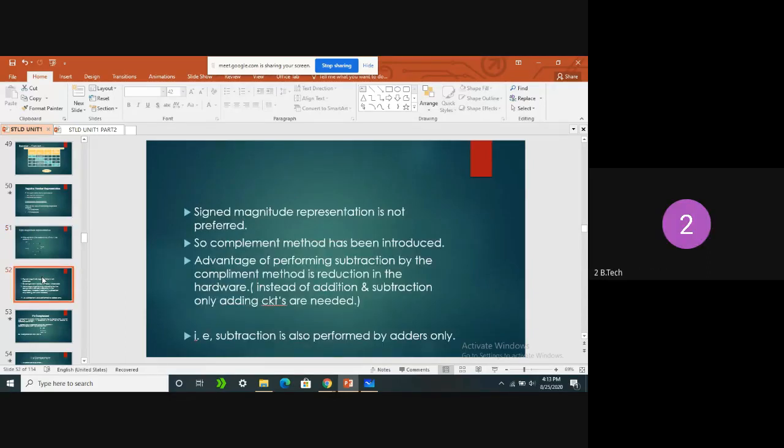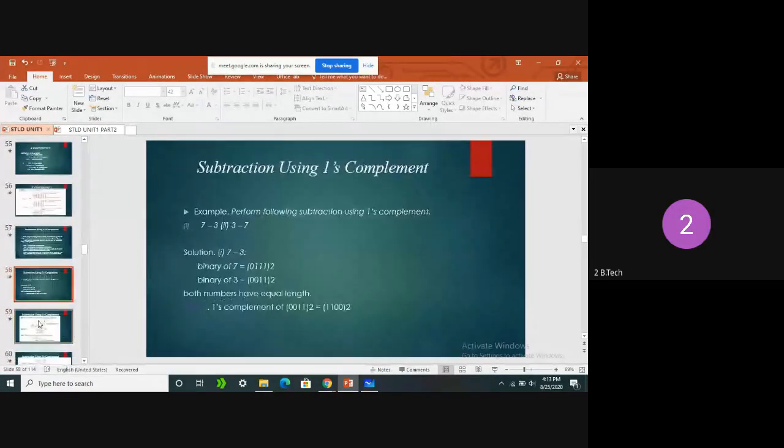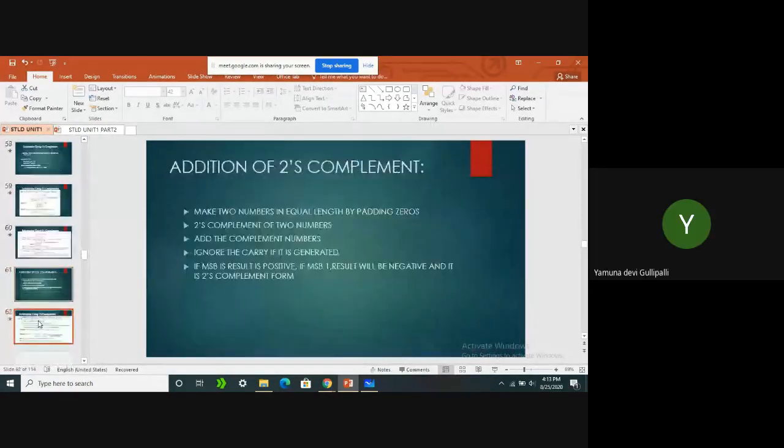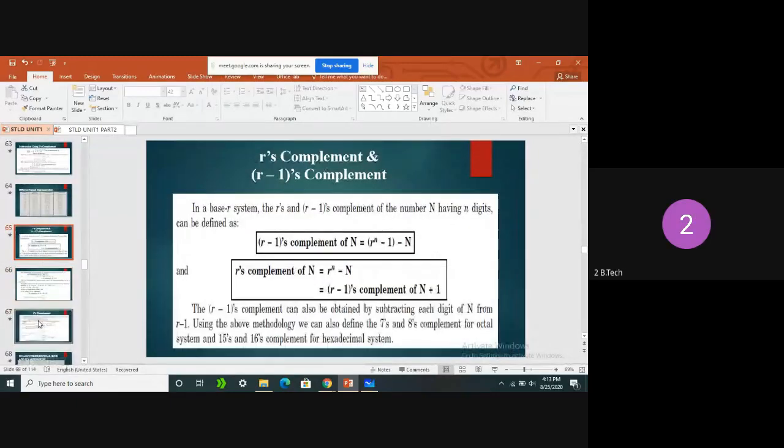In the complement method, it is called R's complement method, and R minus 1 complement method. In the next class we can see these concepts. If you take decimal numbers, what is the base value?